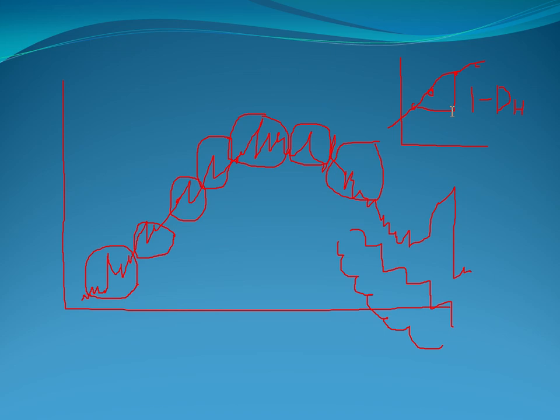So what you're doing is looking at the rate at which the line increases in length as a function of the total number of elements in your Minkowski sausage. And that's how you do a Hurst exponent computation as well.